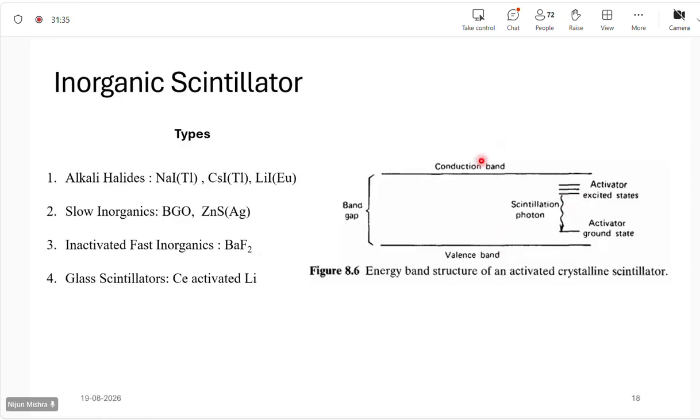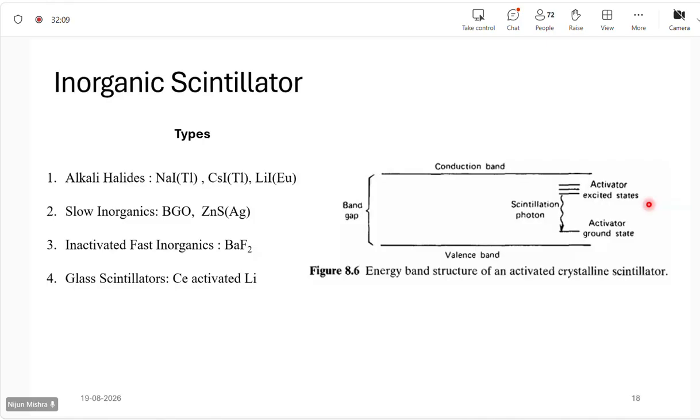Initially, when an electron jumps from the valence band to the conduction band and eventually comes down, it emits light which is not in the visible range, or which we can't detect. But when we incorporate some activator within the detector, the electron falls on one of the excited activator sites, and when it comes to the ground state of the activator site, it releases light that we can see in our output.